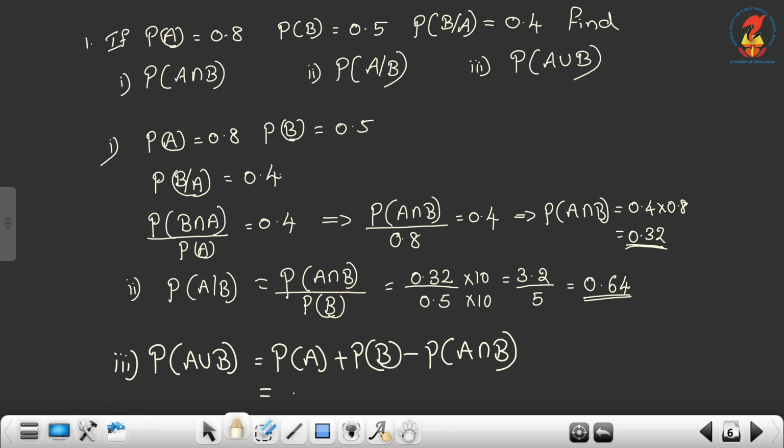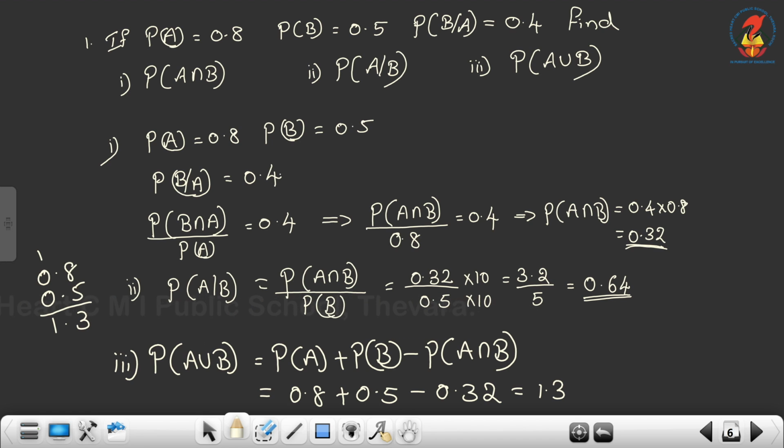P of A is 0.8 plus 0.5 minus 0.32, the intersection. So add it, 0.8 plus 0.5 is 1.3. You know the decimal addition.